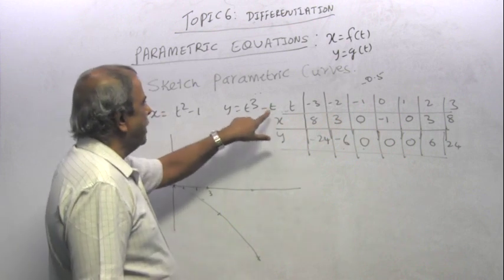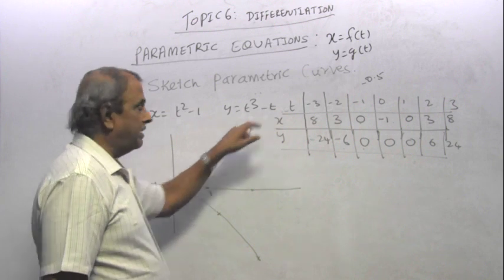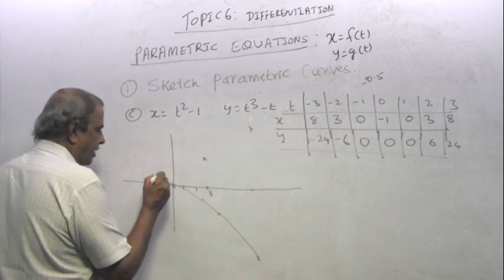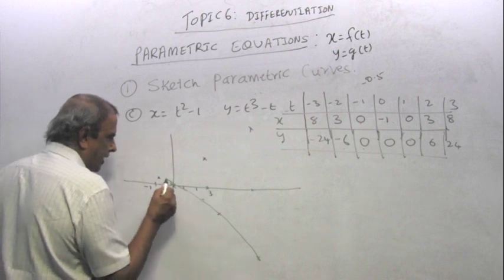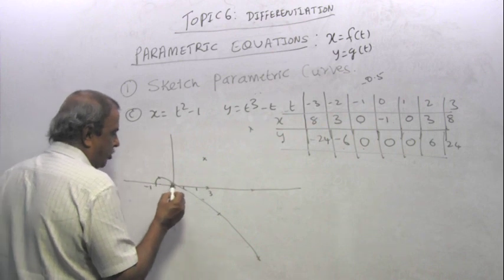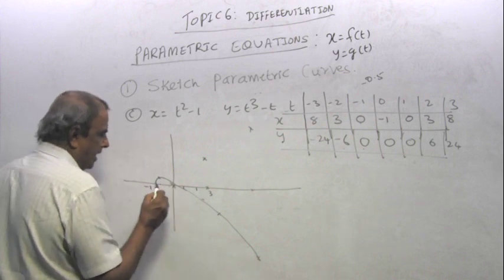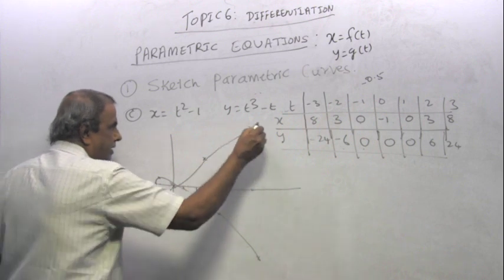Minus 0.125 plus 0.5 is 0.375. So it's a point somewhere there. Now look, the graph goes up there, but it has to come to 0. Once it comes, it can't go back again. It can't go in a straight line, so it has to come down there, go up there, go up there.